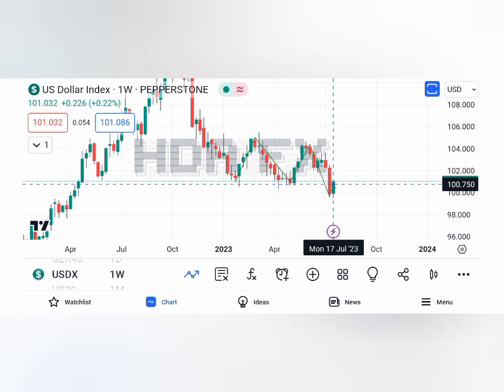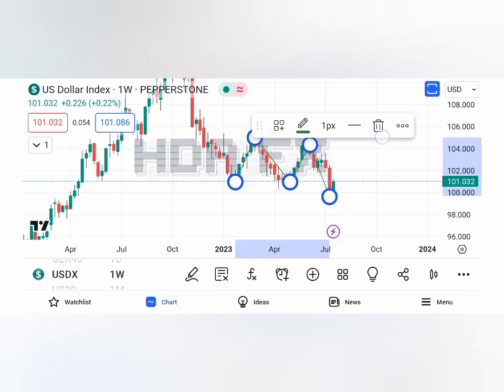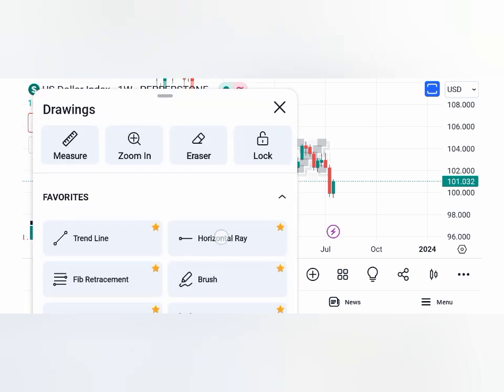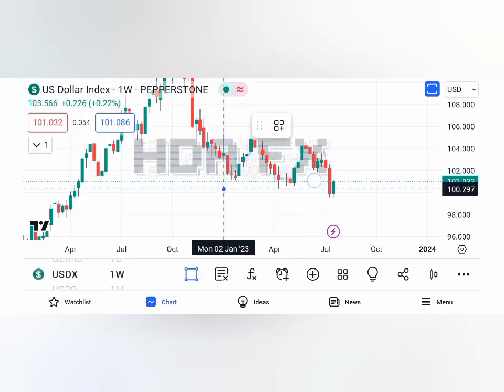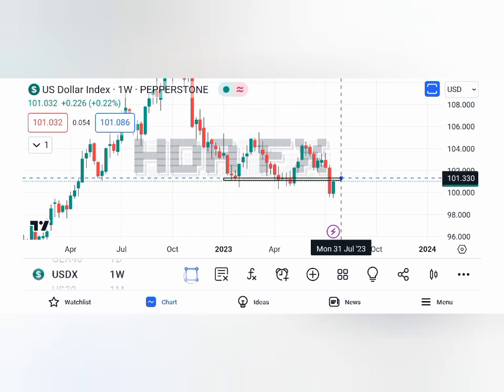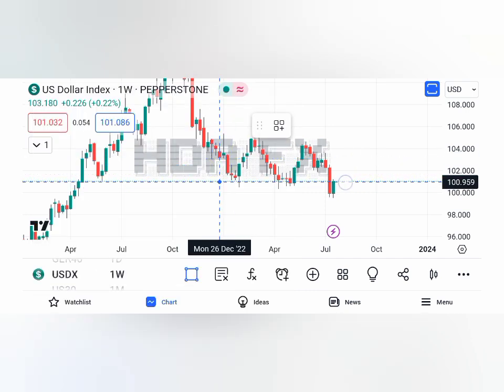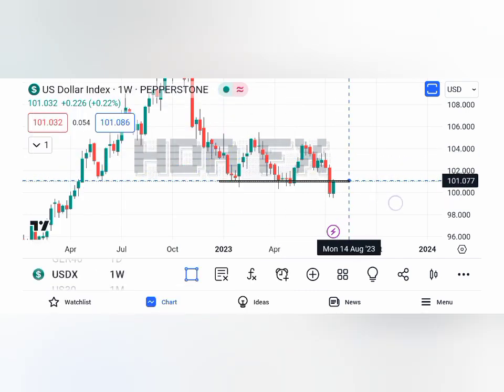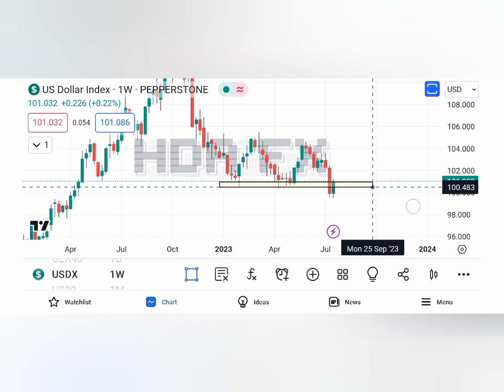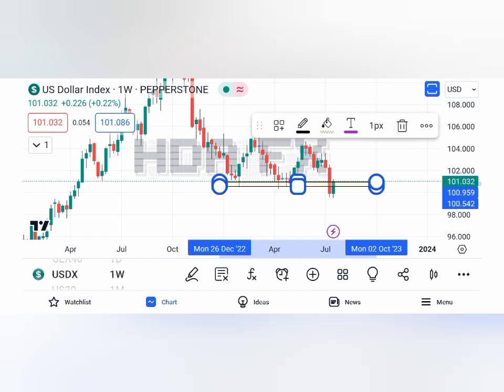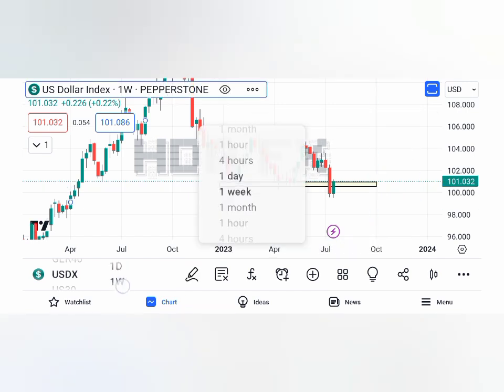So now we could spot the structure here on the dollar index. Now let's move to the daily time frame and see what we have.